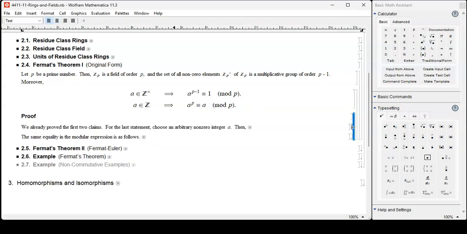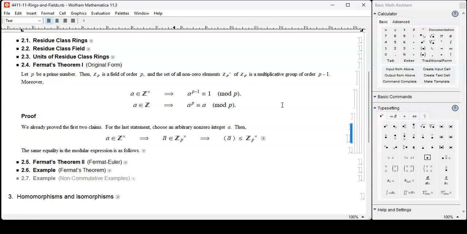That's the main idea. So we already proved the first 2 claims, and we're going to prove the third one here. We start with any non-zero integer, and then form a bar. You see, the residue class. And then let's consider the cyclic subgroup generated by this a bar. Then, of course, that's going to be a subgroup of Zp star. Now, this group has order p minus 1. So this subgroup must have the order that divides p minus 1.